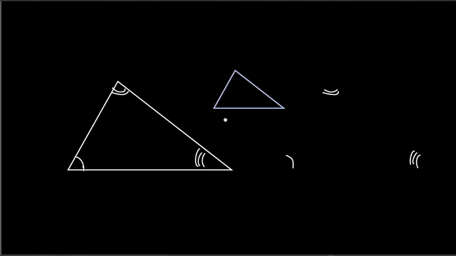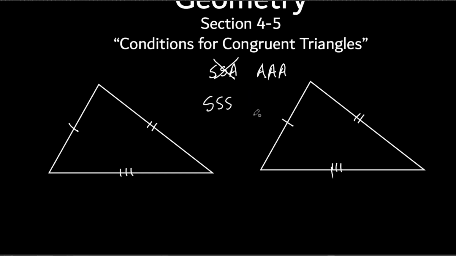All that to say, there is no angle-angle congruency theorem. We will do one with right triangles. I think it's the next lesson. But anyway, that's basically it for this section.